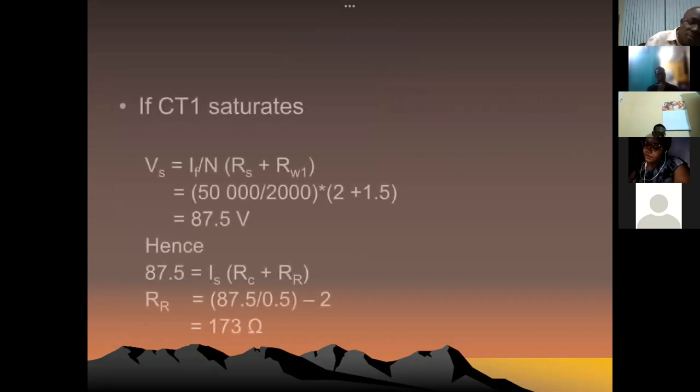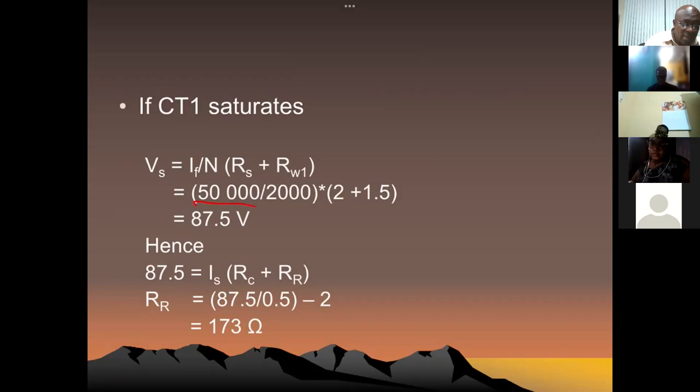Firstly, if CT1 saturates, IF, which is the fault current, is 50,000 over 2,000, which gives us 25. And of course, the resistance values, the wiring resistance and the secondary resistance.